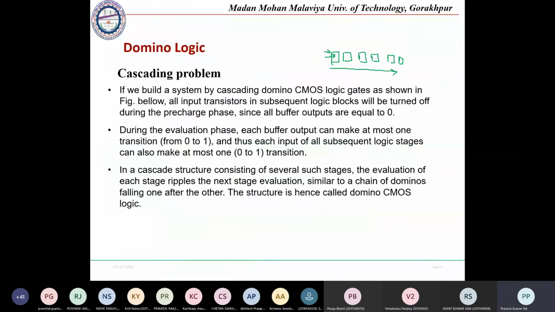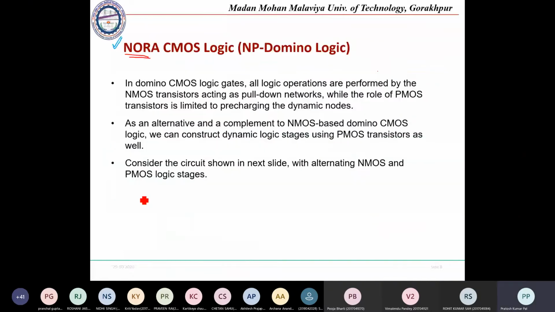Similarly, we will see the next topic, that is the NORA logic. NORA logic is derived in the same way if we consider the domino logic. In NORA logic, we will basically be avoiding the problems of the domino logic. In domino logic, we have seen that one extra inverter is used, and that extra inverter is used to remove the cascading problem, meaning to drive the higher loads at the output.